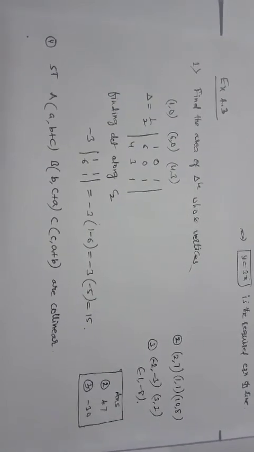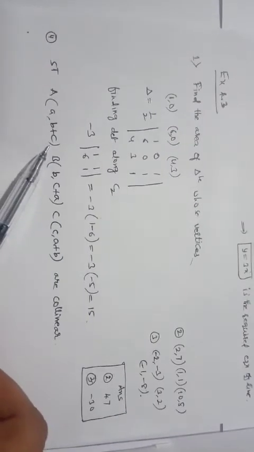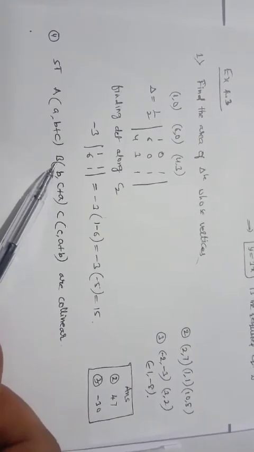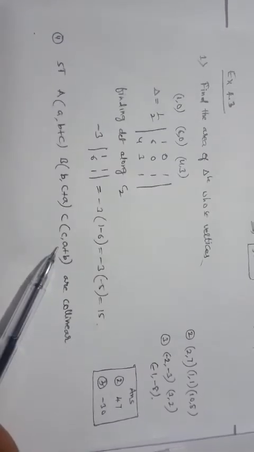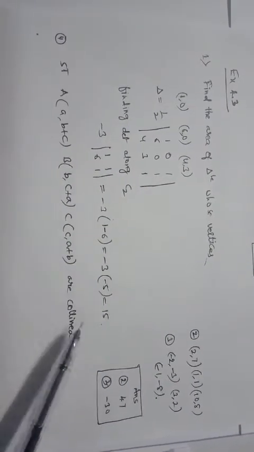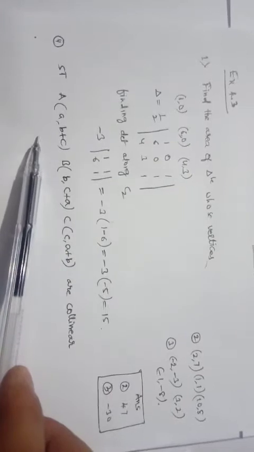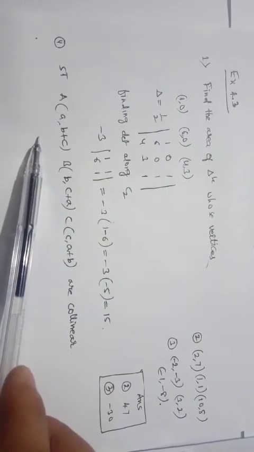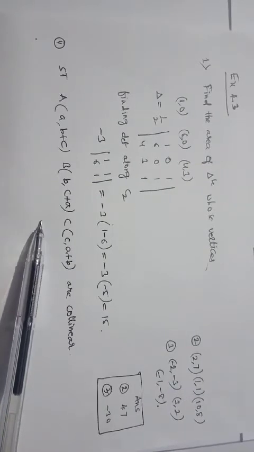Look at question number 4. Show that the points (a, b+c), (b, c+a), (c, a+b) are collinear. What is meant by collinear here? Collinear simply means that the determinant value is equal to 0, then those points are collinear.